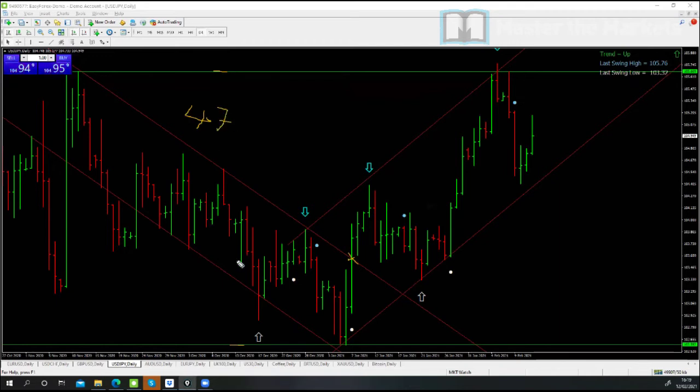bars, and this is a daily chart, so we class that as 47 days. However, there are Sunday bars in there, so we will have slightly less, but you can see I've just counted the bars as they are. It's 47, and we had 25 bars going to the upside.